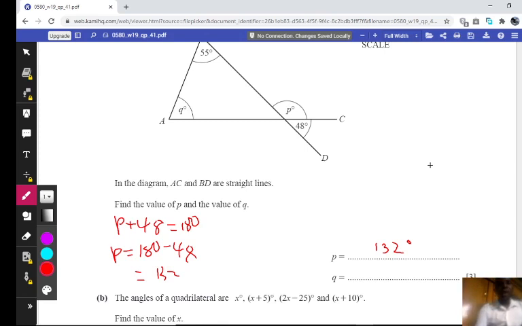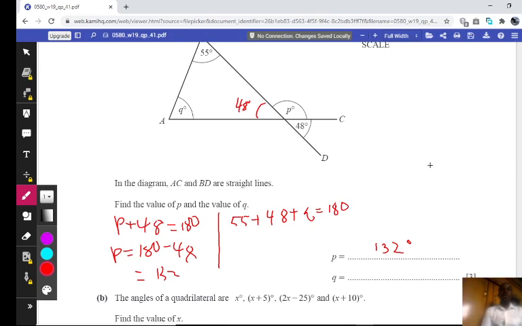Then Q, right? Q, you can first find this angle. This angle and 48 degrees, they are the same. They are equal. Why? They are called opposite angles on straight lines. They are equal, which means this angle is 48 degrees. Now to find Q, you have to use angles in a triangle. That's the concept that you have to apply to find your Q. So you say 55 plus 48 plus Q is equal to 180 degrees.